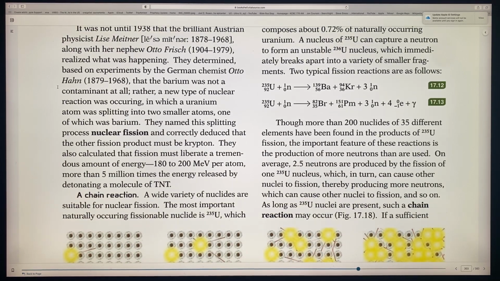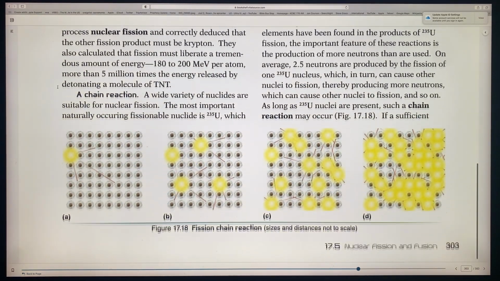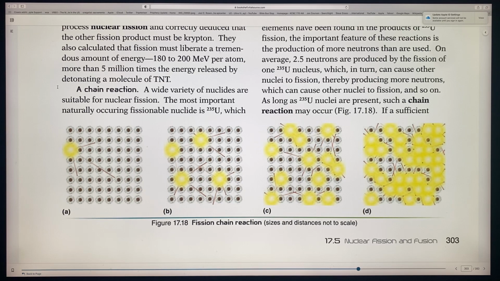So a chain reaction, with a wide variety of nuclides suitable for nuclear fission. Here's a picture. The most important naturally occurring fissionable nuclide is, of course, uranium, and it has to be a certain kind of uranium, uranium-235, in the nucleus, which is the protons and the neutrons.